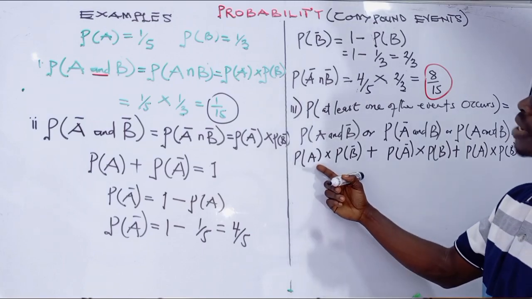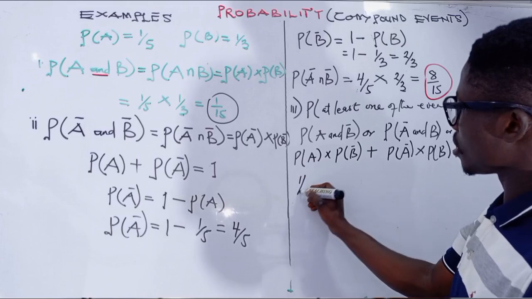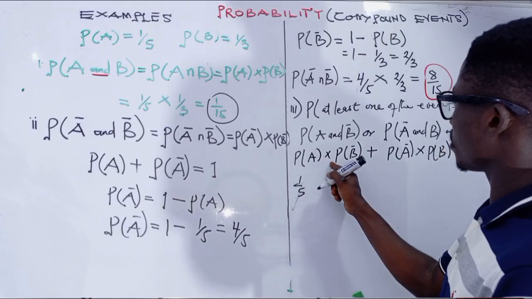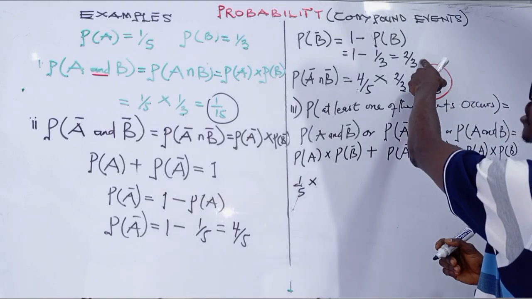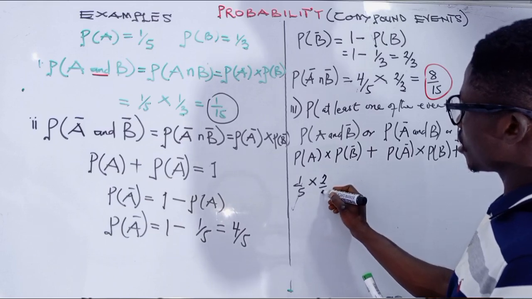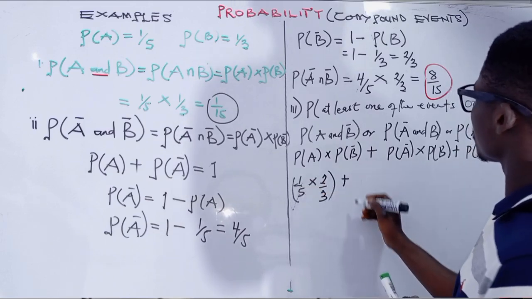So the probability that A occurs is what? 1 out of 5. So we have 1 out of 5 multiplied by the probability that B doesn't occur, which is 2 over 3. Then we have the addition.